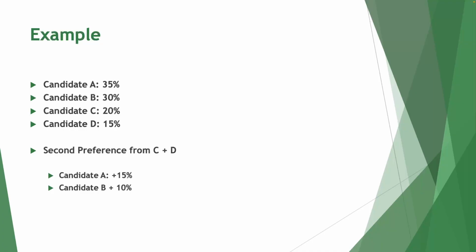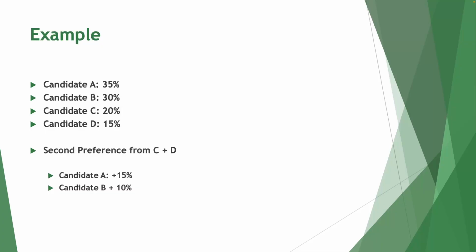So the 45% from candidate A. Sorry, that's supposed to say 45%. 45% from candidate A, then goes and gets another 15%, at which point we end up with 60% for candidate A. And then we have, let's say, candidate B has an extra 10%, they get 40% in total, and that would be them not getting the majority, and therefore candidate A would win in the total.